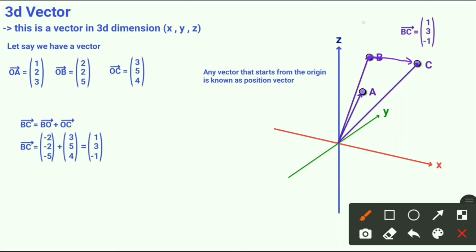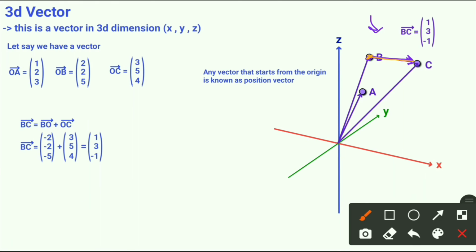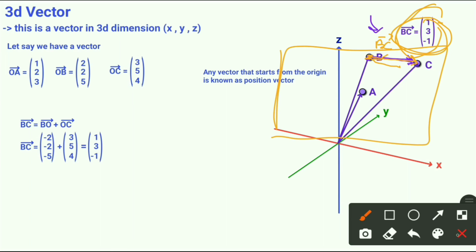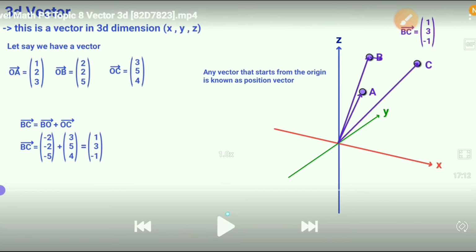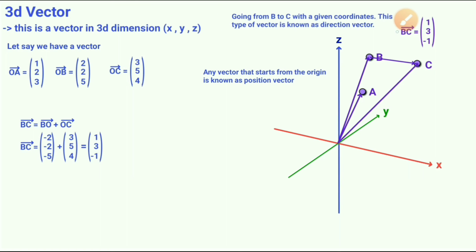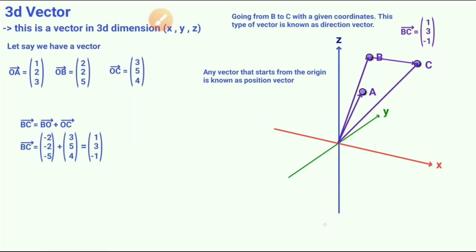So what is BC? It means going from B to C. Look here, it's going from B to C. This is BC. These are the coordinates. It says going 1 on the x-axis, and obviously the way I've drawn this, the graph is not really authentic, but still, this is the coordinate from going B to C. Going from B to C with a given coordinate, this type of vector is known as a direction vector.